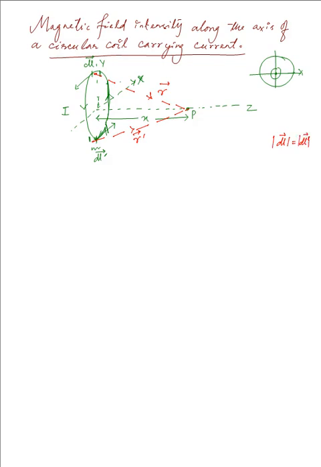So their moduli are going to be the same, and it's dl prime. And then again, you have this cross product. Now dl cross r vector, as you can see over there, is perpendicular, so dl cross r is going to be dl r times sine 90, which is going to be 1.